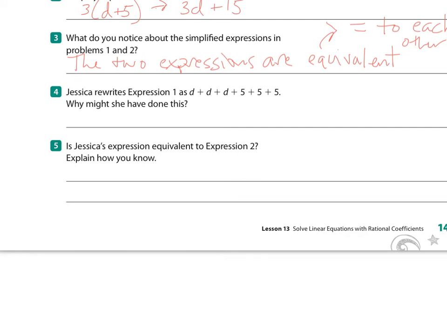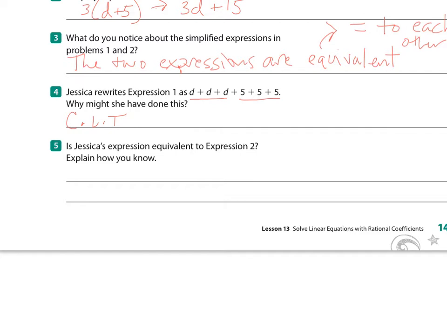Jessica has taken the expression from number 1, and she's written it just like she has here, with all the d's together and then all the 5's together. Why might she have done this? Well, I think she did exactly what we did, right? First off, I think she just combined like terms, which I just abbreviate as CLT. So she combined like terms, which is completely acceptable to do.